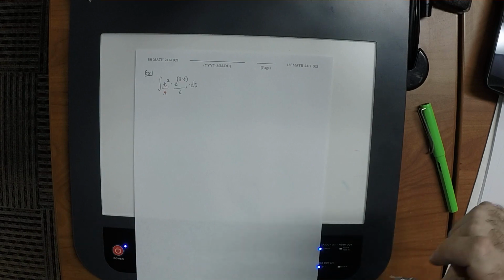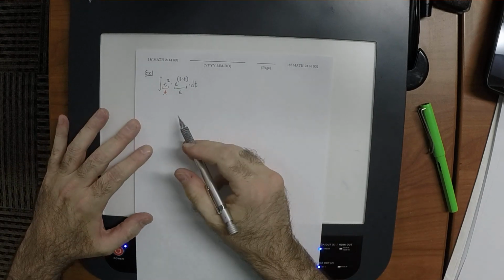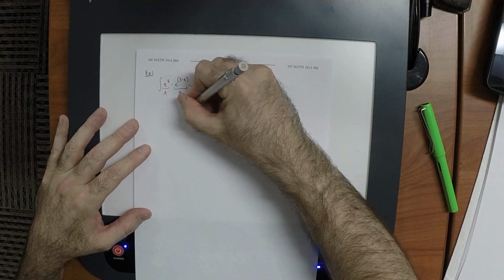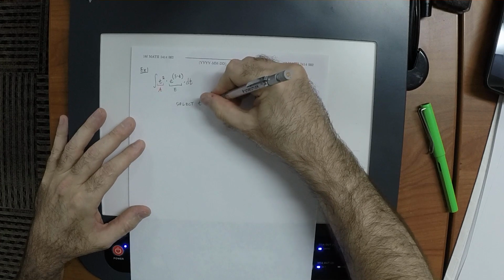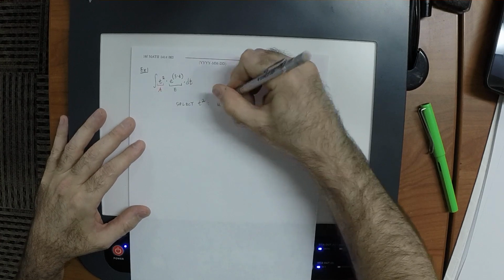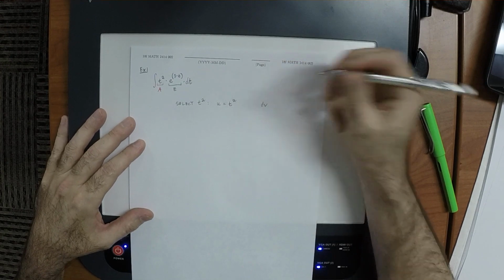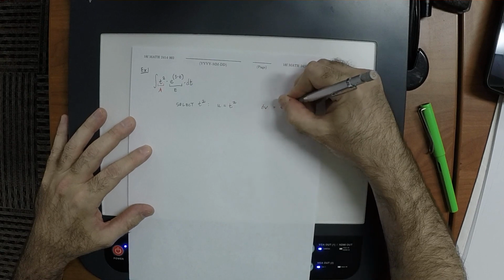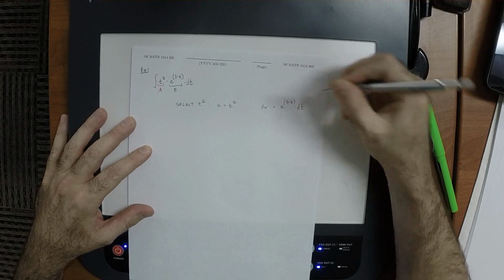A comes first. As a result, using u's and v's, u is t squared. And then what is dv? Very good. dv is always everything else.